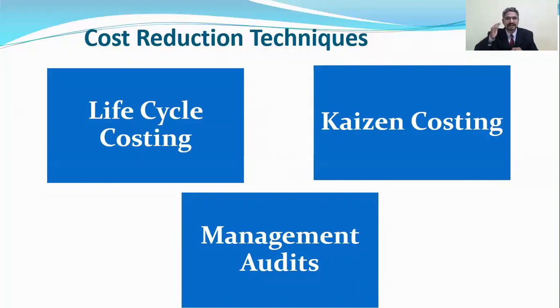Management needs to think about wastage: what sources are being wasted, like material, labor, or overheads, which part is being wasted, and how that wastage can be controlled. That wastage control mechanism will be studied with the help of management audit.